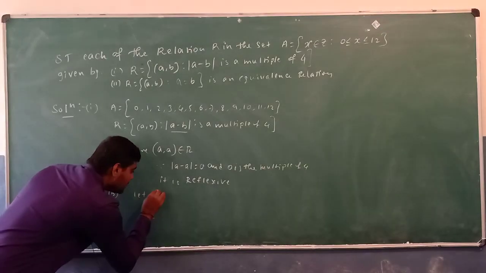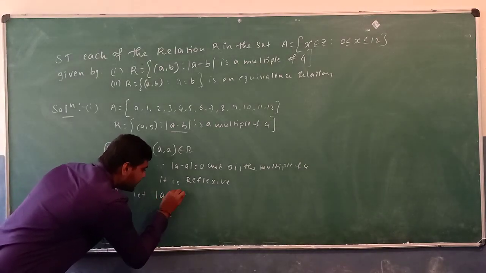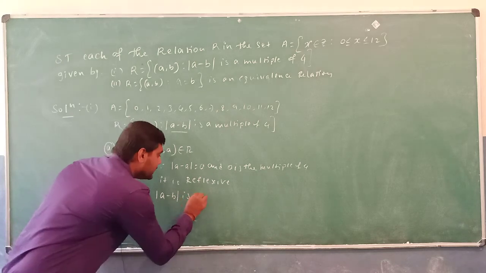Let modulus of a minus b be a multiple of 4.